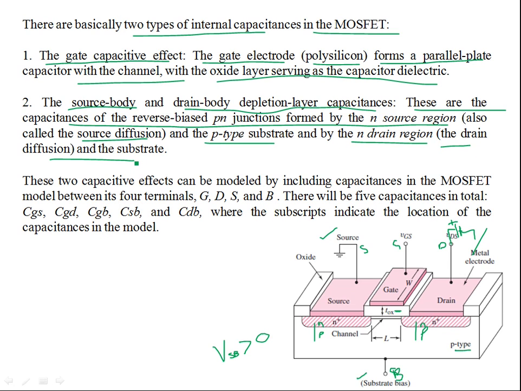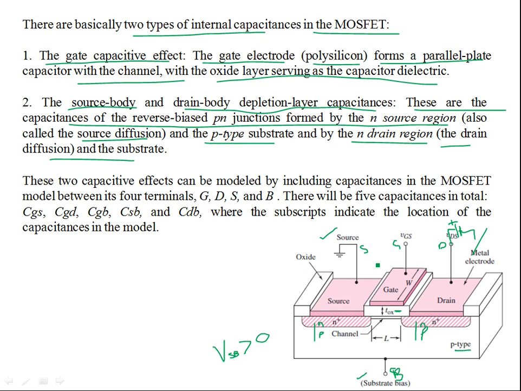So we have two types of capacitances. The first is between the terminals: between the gate and source, gate and drain, and gate and body. Then we have the internal capacitances, those due to the reverse biased PN junctions of the source and drain terminals.